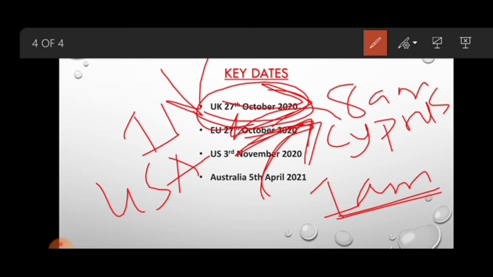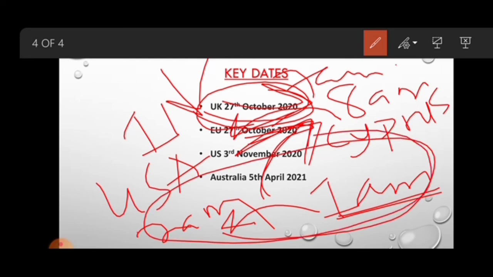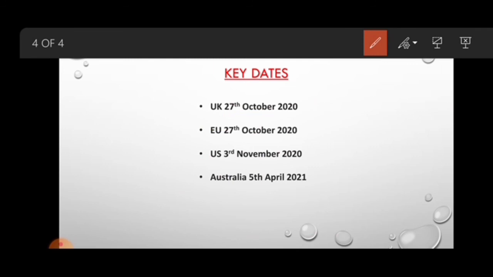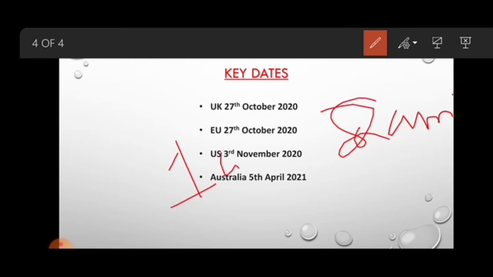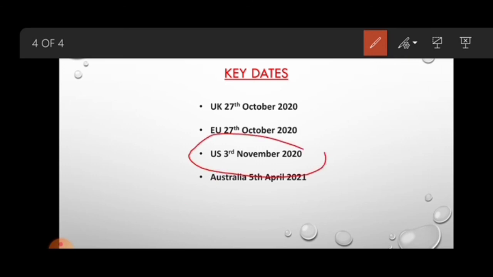So instead of 8 a.m., it becomes 7 a.m. Since it shifts back by 1 hour, for you to trade the London session in the US, you have to be awake at 2 a.m. Normally it was 1 a.m., and now it has shifted to 2 a.m. For the US, this is also the time at which their daylight savings happens.